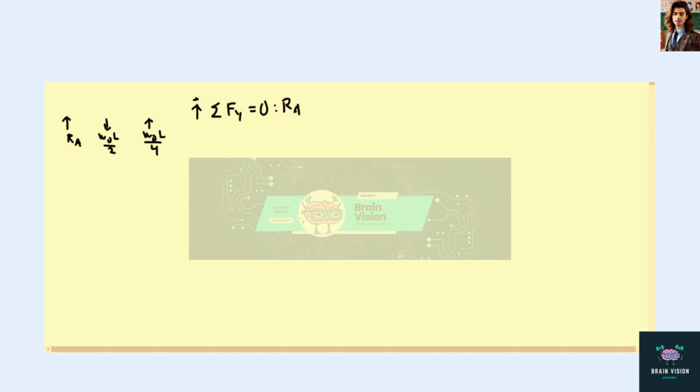We've got our A minus W0L over 2 plus W0L over 4 equal to 0. So we get a reaction at A equal to W0L over 4. And we can use that as an initial condition equal to the shear at point A.